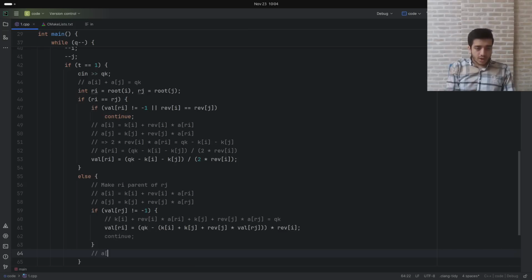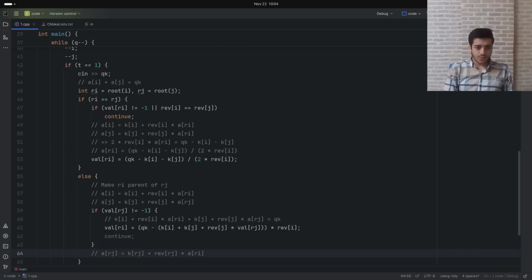So a of Rj is k of Rj plus rev of Rj times a of Ri.